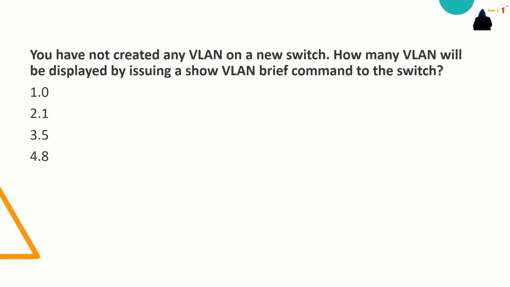How many VLANs will be displayed by using the show vlan brief command on the switch? If you write show vlan brief, you can see 5 VLANs exist by default here: VLAN 1, VLAN 1002, 1003, 1004, and 1005. It should be 5.